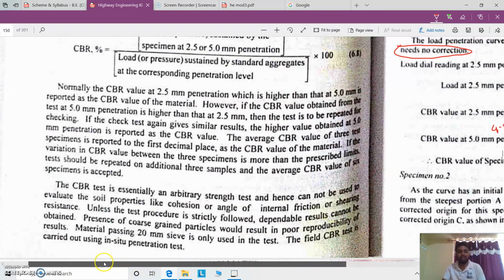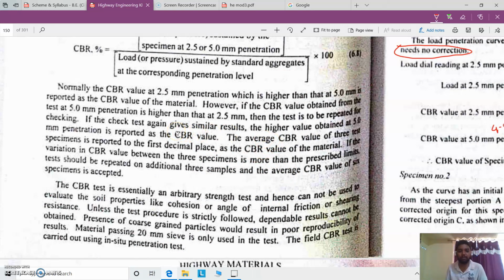So I will just read out this one. It is given here: normally the CBR value at 2.5 mm penetration, which is higher than that of 5 mm penetration, is reported as the CBR value. However, if the CBR value obtained from the test at 5 mm penetration is higher than at 2.5 mm penetration, then the test is repeated for checking.